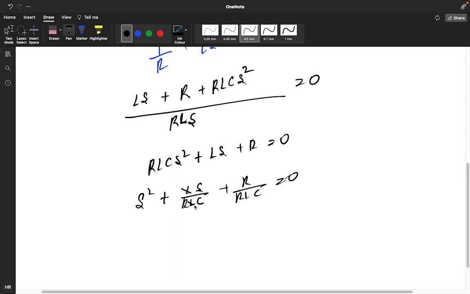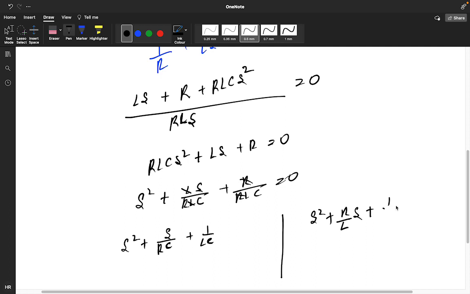So what terms are you getting? You are getting like this: S square plus S by RC plus 1 by LC. And in series, what had you got? S square plus R by L S plus, here you got 1 by LC only, right?